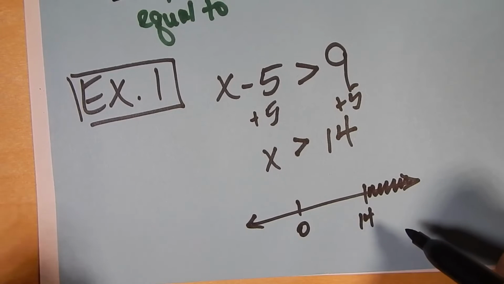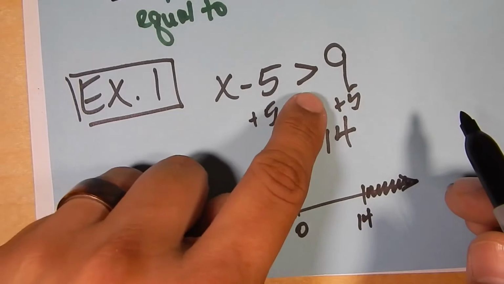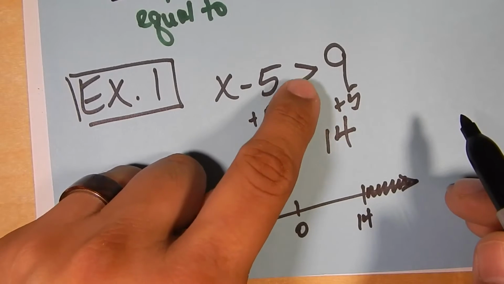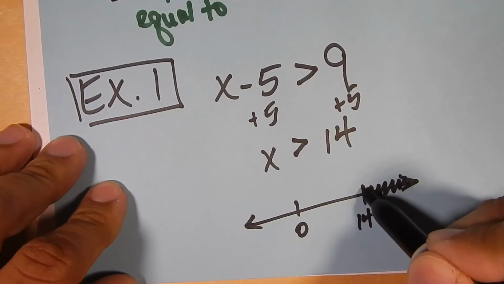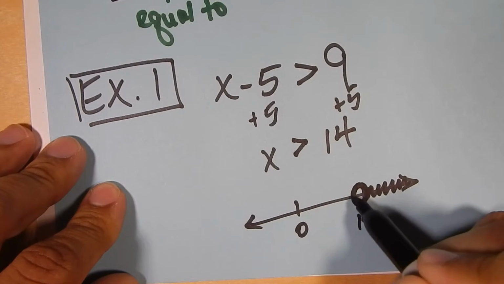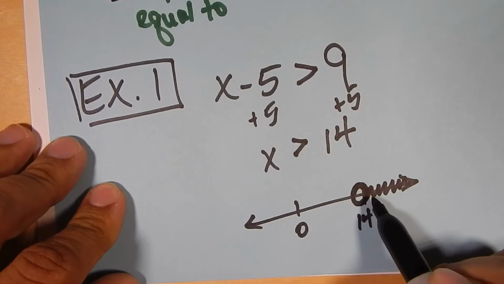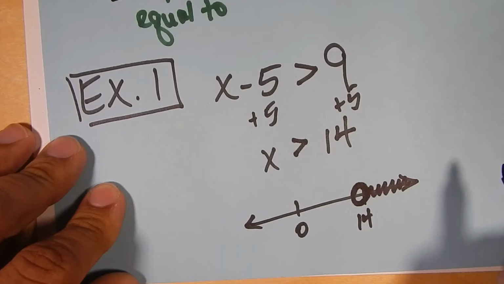So what about 14? Well, if we use 14 in this, 14 minus 5 is equal to 9. But we said greater than. So in this case, we can't include 14. What we do is leave an open circle at that point. So 14 is not included, but everything greater than it is.